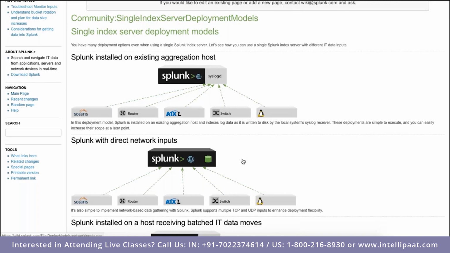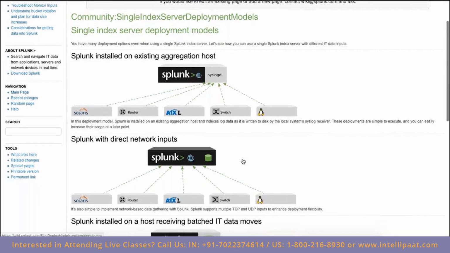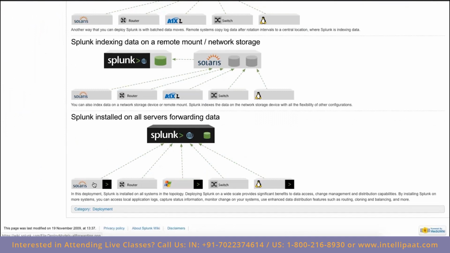Chinmay, can you just tell about that last one? Yeah, this is where you have a Windows system, a Linux system, or any other system where you install Splunk standalone. When you install Splunk standalone, it locally takes over the job of the locally available log recorder.